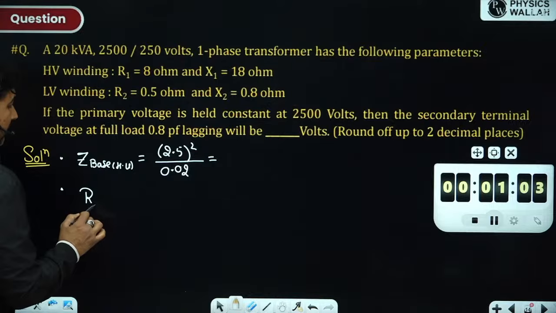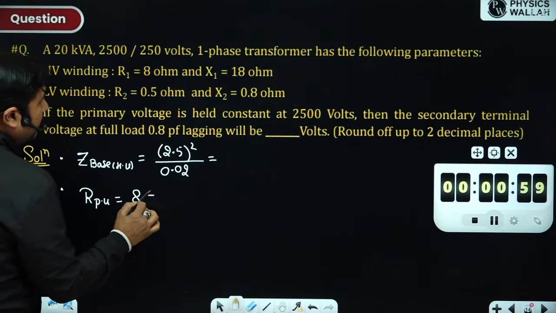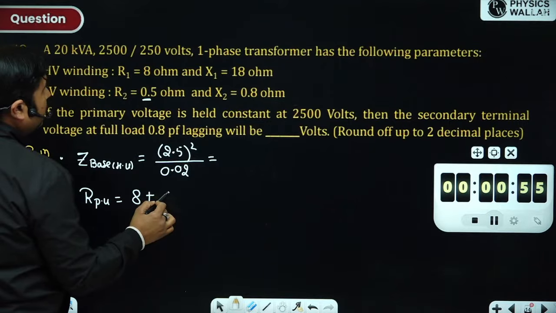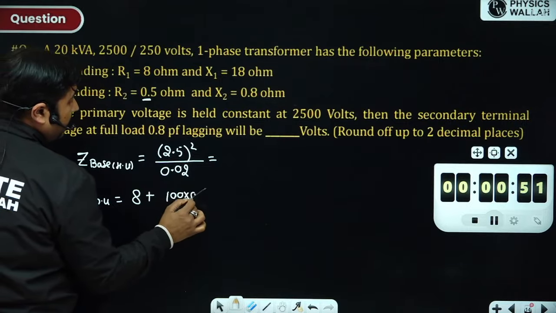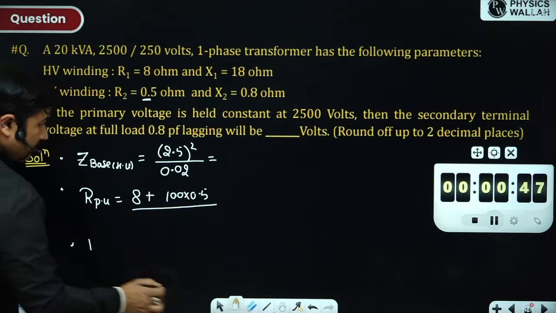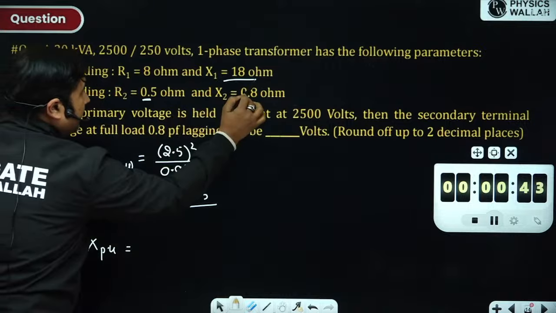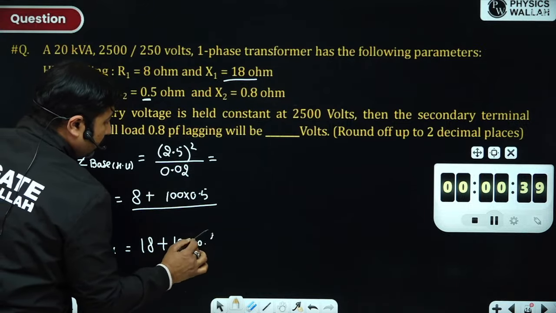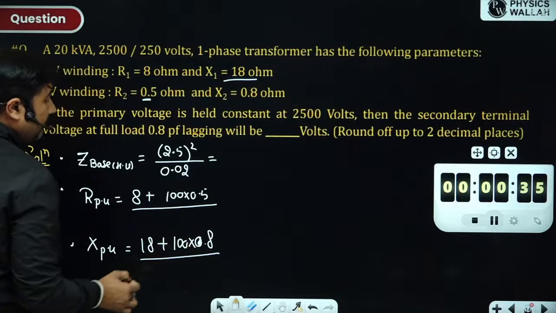So now you have Z base. If you have Z base, you can calculate R per unit. R per unit will become 8 plus, when you refer this onto the 2500 volt side, 100 into 0.5, divided by Z base. X per unit you can calculate in the same way. HV side X is 18 plus 100 times 0.8, divided by Z base.